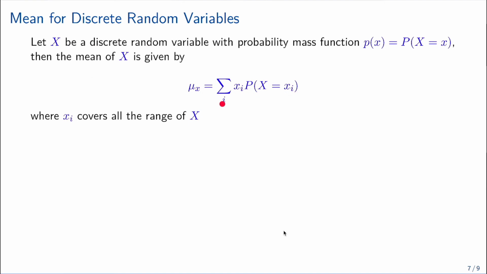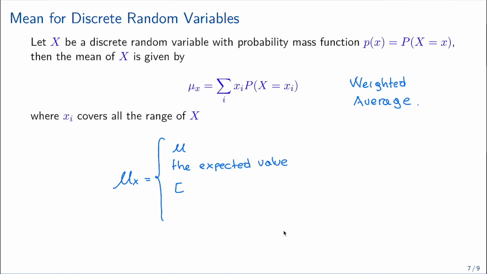And this sum is over all the elements in the range. This expression can be considered like a weighted average.